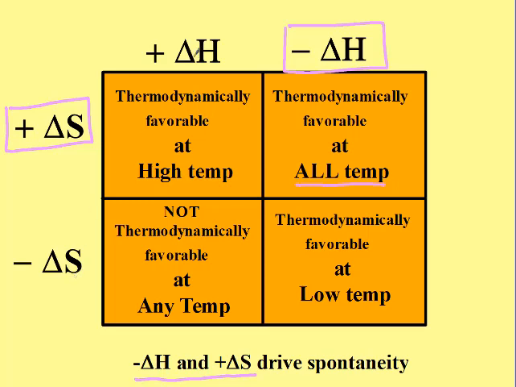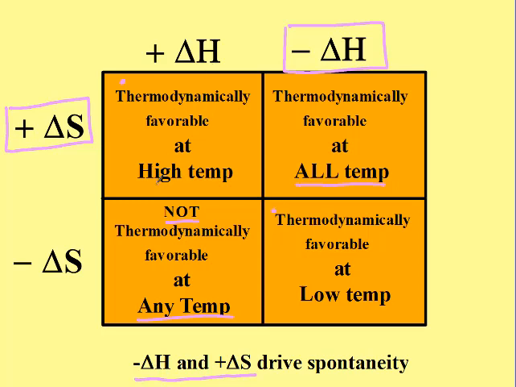If neither entropy or enthalpy are favored, then it will never be spontaneous, no matter what the temperature is. If both are positive or both are negative, then that's when it's going to be temperature dependent.